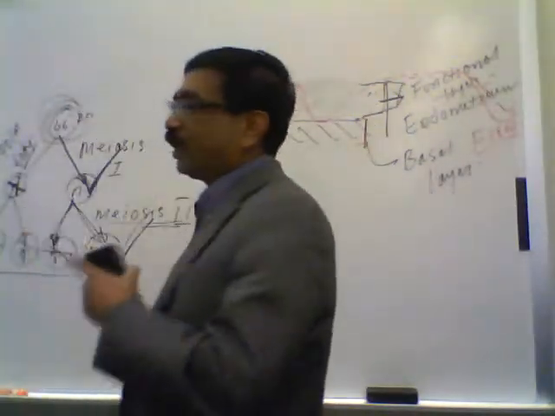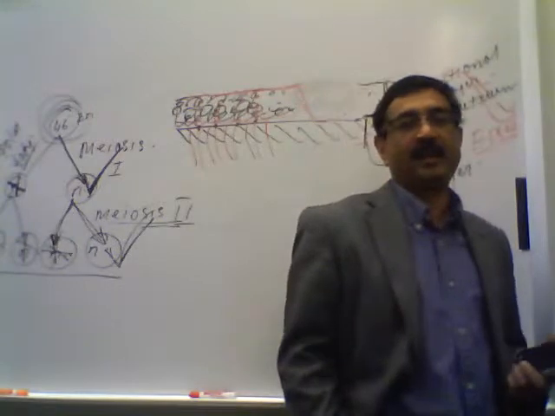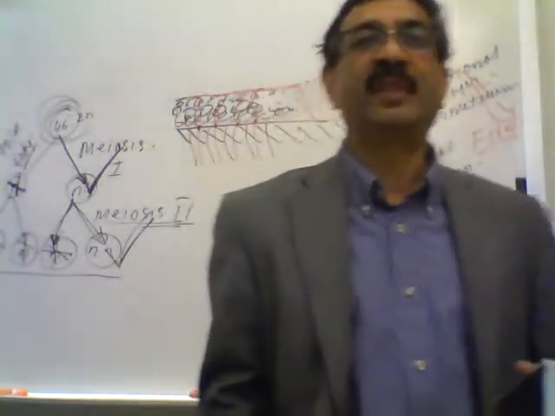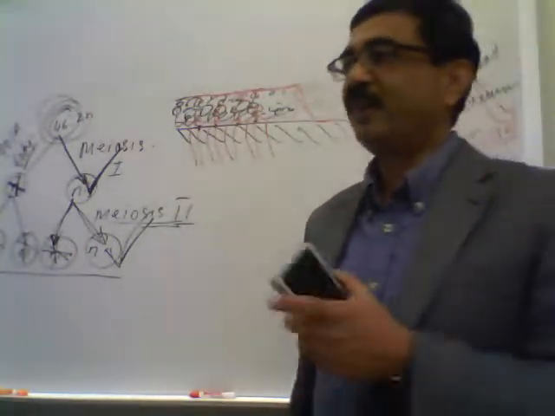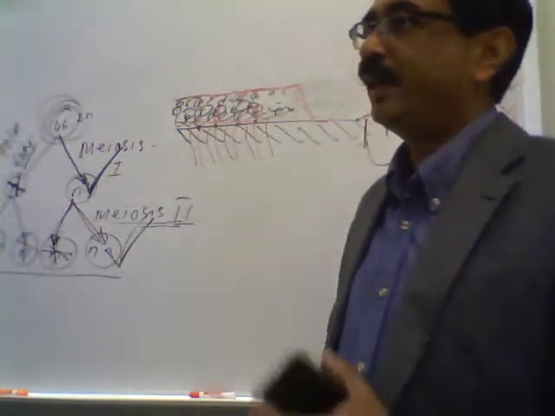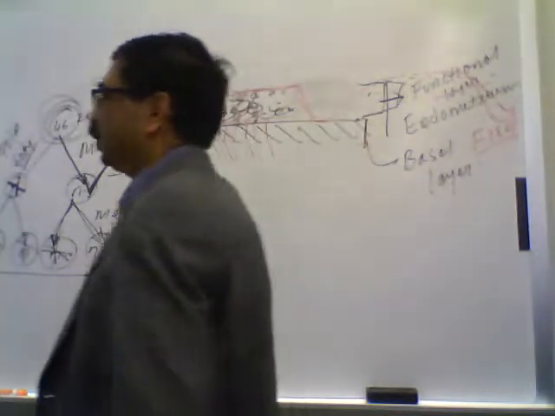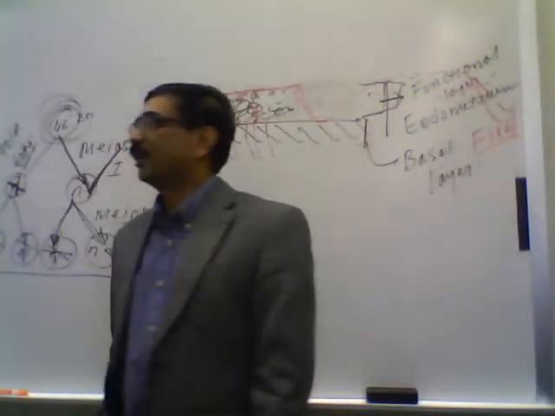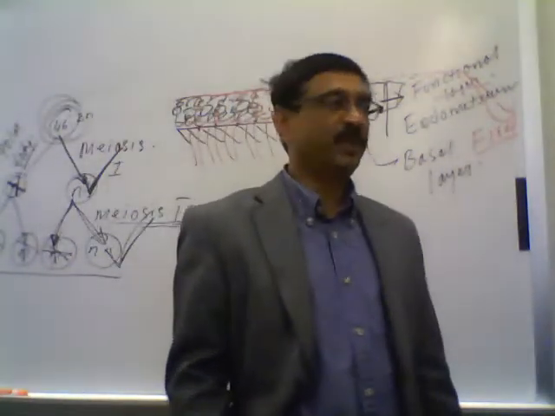One is the follicular stimulating hormone and the other is the luteinizing hormone. So FSH, follicle stimulating hormone, and LH is the luteinizing hormone. Come from the anterior pituitary.